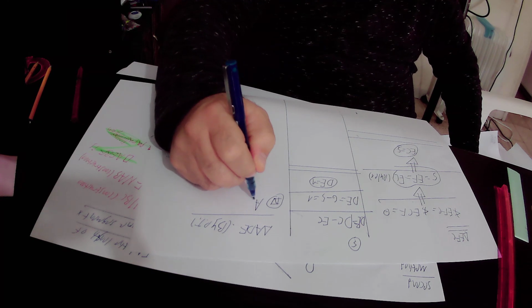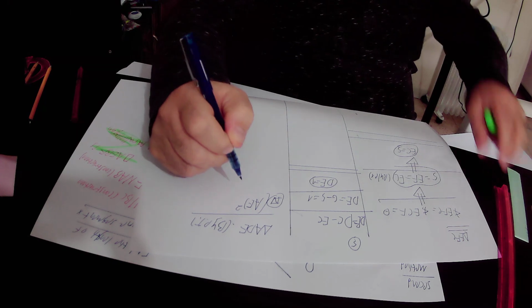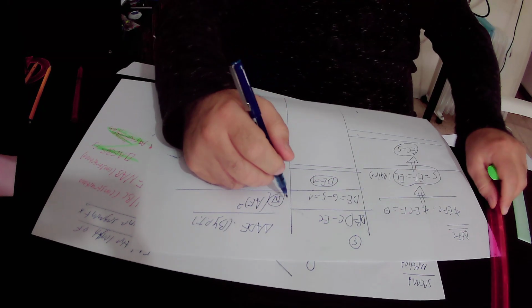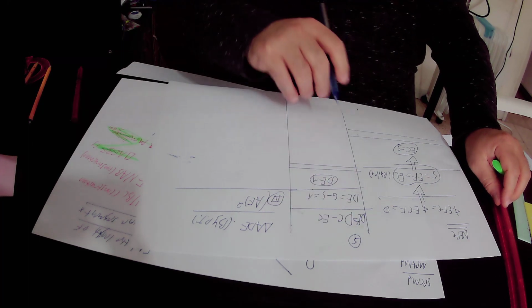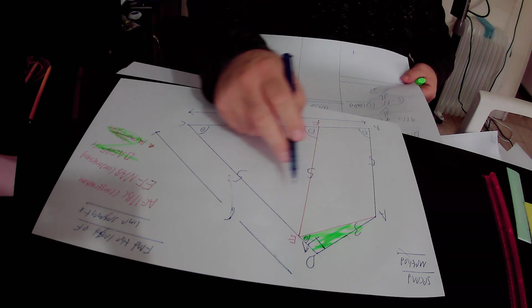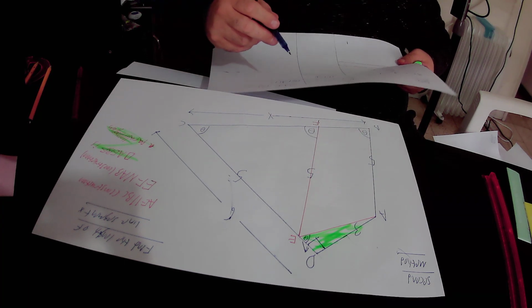So AE squared, the square of the hypotenuse, equals the sum of the squares of the perpendiculars, that is AD squared plus DE squared.